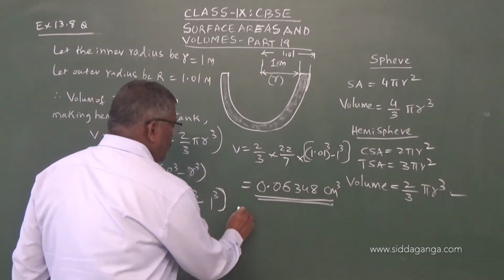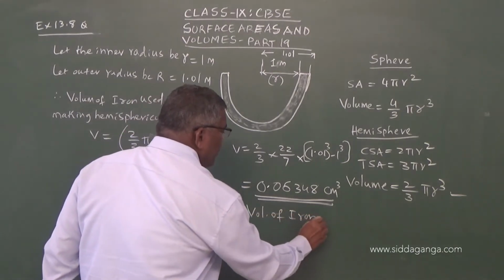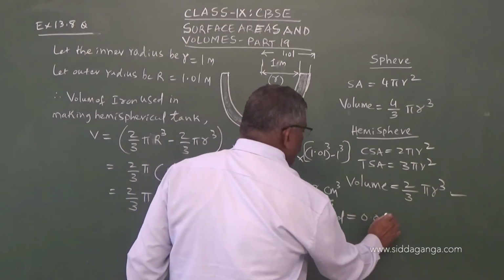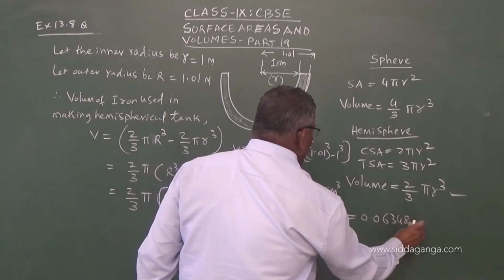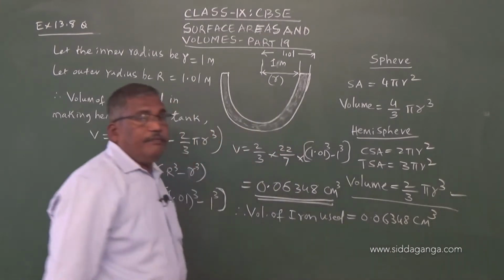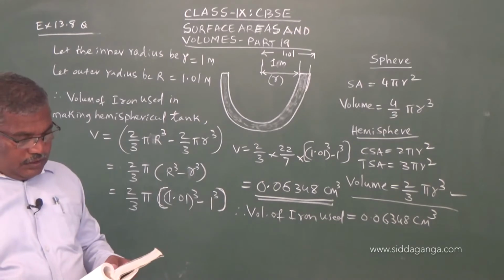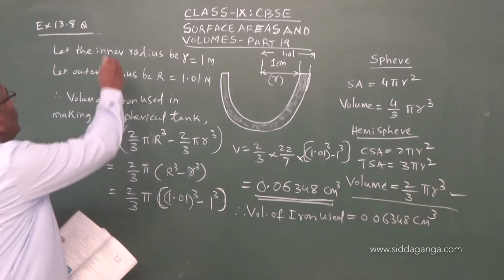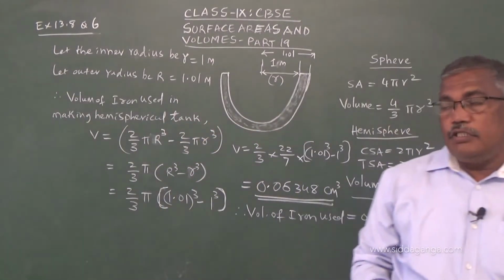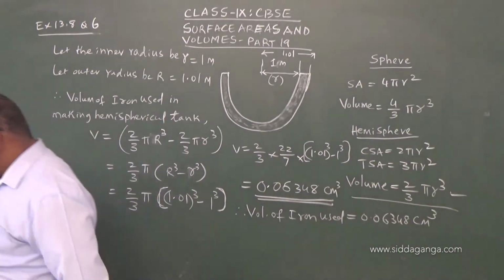Therefore the volume of iron used equals 0.06348 centimeter cube. This is question number 6. Please note down. I will move on with question number 7 now.